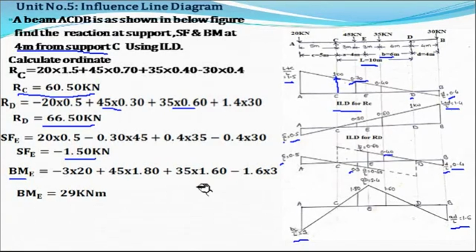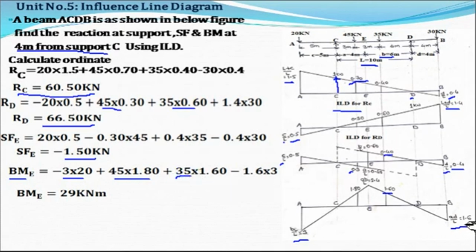Okay, then here the ordinate is on the negative side, so minus 3 into the point load 20. Here the value of the ordinate is 1.8 into the point load 45. Here the ordinate is 1.6 and the point load is 35.